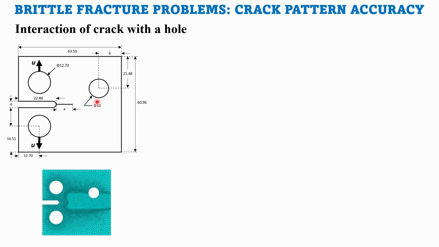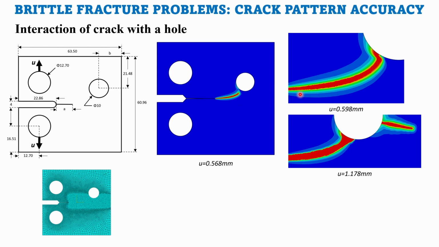Try it out with a piece of paper, cut out a hole and tear very close to the hole. You will see that the crack will be attracted towards the hole. But tear very far away from the hole, the crack will not be affected by the hole. That is how we saw it in the phase field model. Again, the crack is attracted by the hole. It enters the hole and it exits from a different part of the hole.